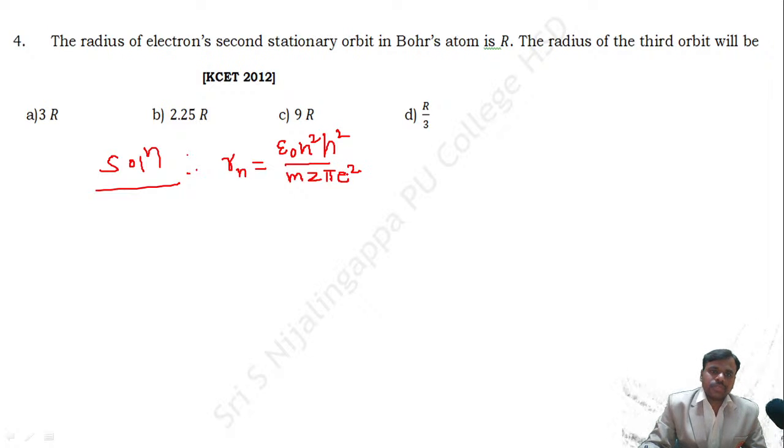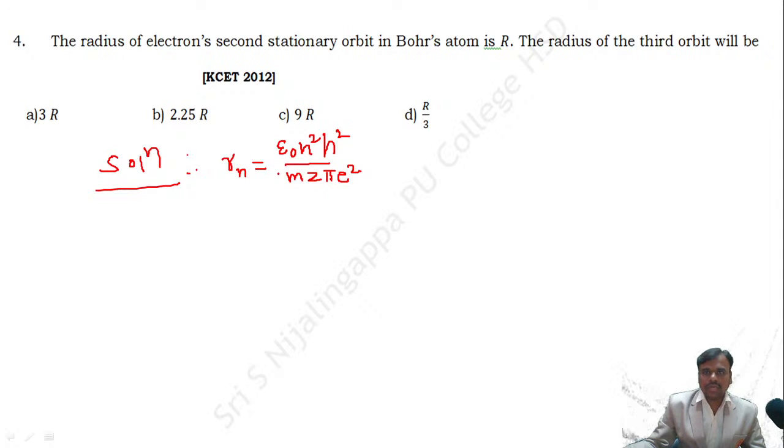This is the expression for radius of the electron. Students, here we observe that epsilon naught, h square, m, Z, pi, e square, these are all constant. Six terms are constant, but only variable is n square or n. Therefore, by increasing the n, the radius of the orbit also increases.